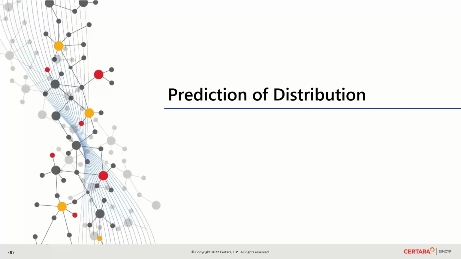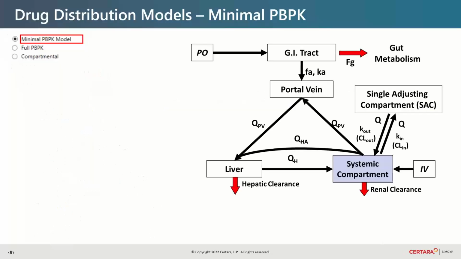Moving on to quickly go through prediction of distribution. For predicting distribution, we have a minimal physiologically based pharmacokinetic model where we define the liver and the gastrointestinal tract as mechanistic, fully parameterized organs, and the rest of the body is lumped into a systemic compartment.